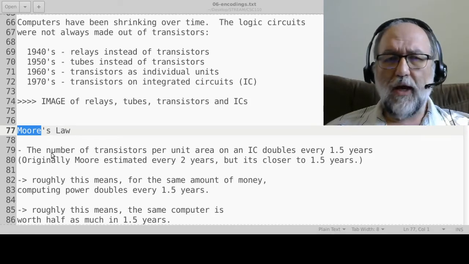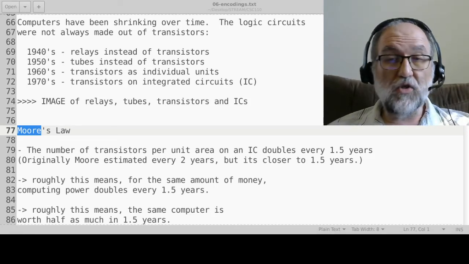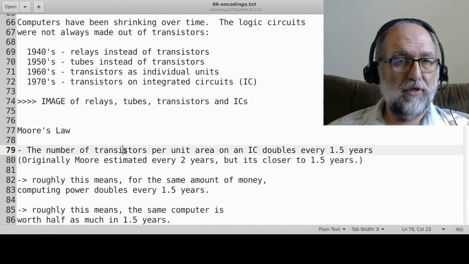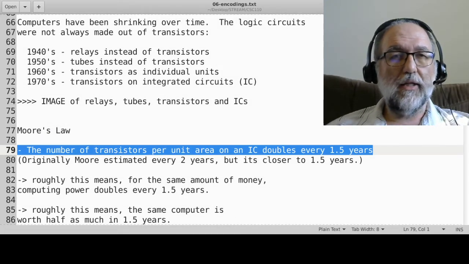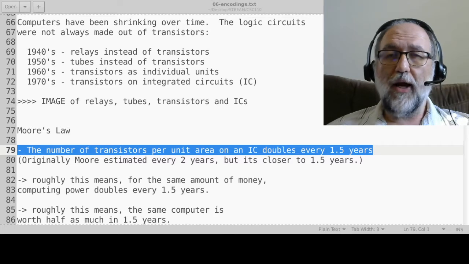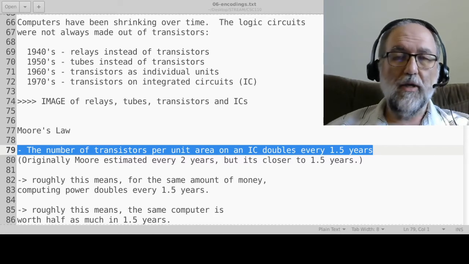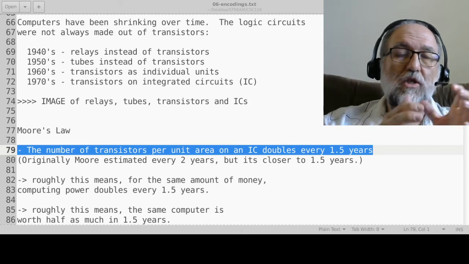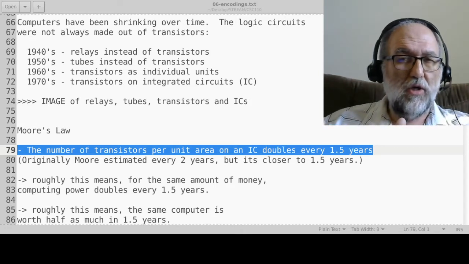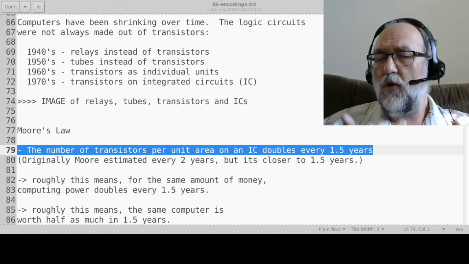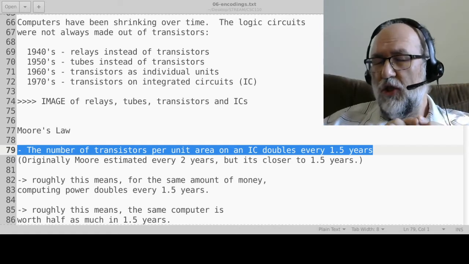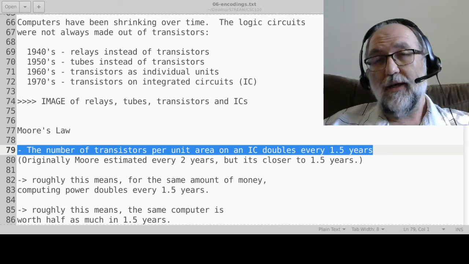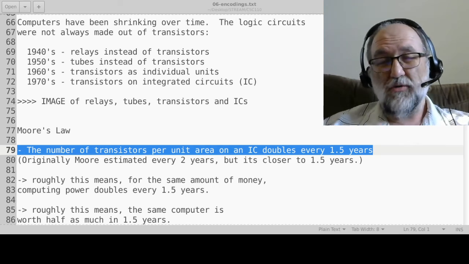But let's see if we can understand the law here, because this is going to have financial repercussions. He basically said that the number of transistors per unit area would double. What does per unit area mean? It means, say we're going to look at a square inch this year, and you ask the question, how many transistors can you get on this square inch this year? If we were back in the 70s, you might say only 1,000.